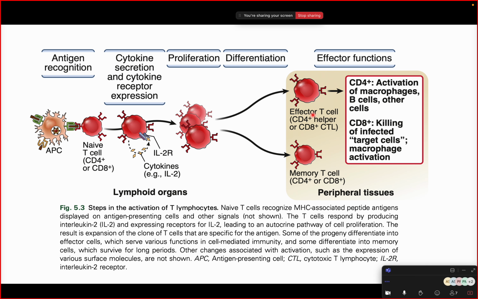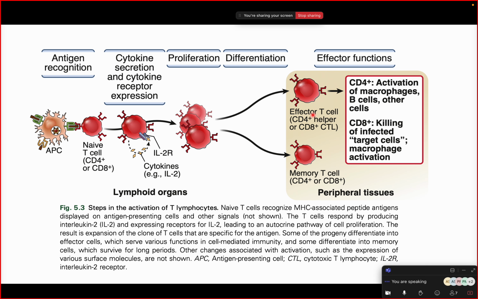If it is CD4, it will release certain cytokines which allow the infected cell to die via various processes, including inflammation. The complement part will also play a role here, then enhancing phagocytosis, all these things. But if it is a CD8 positive T cell, it will directly kill the target cell.